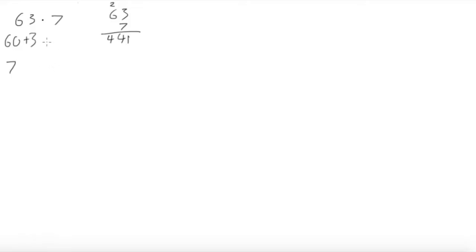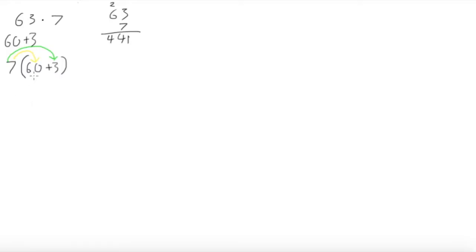So we could do 7 times 60 plus 3, and then what we're going to do is distribute the 7 here, and distribute it again right here.